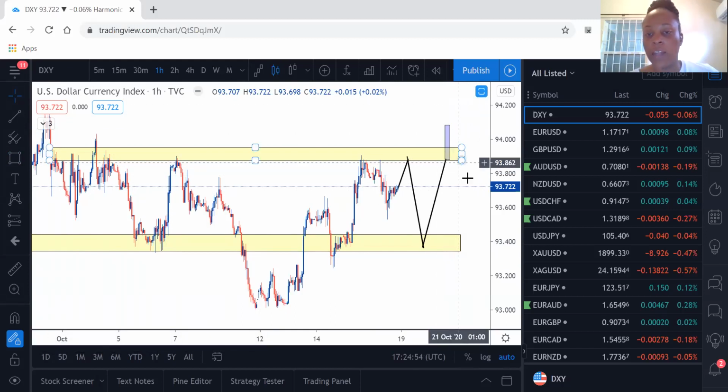So a breakout candle must close outside of your neckline.